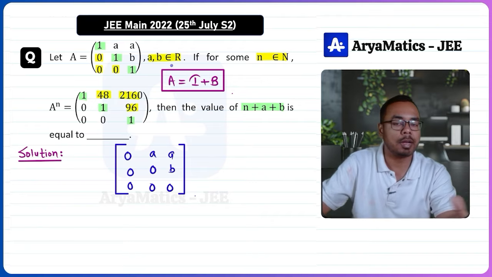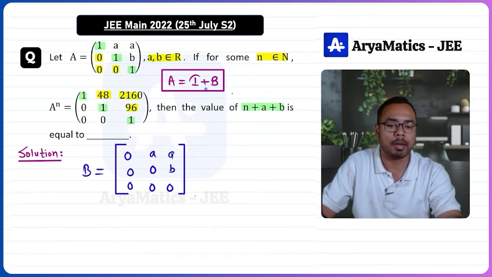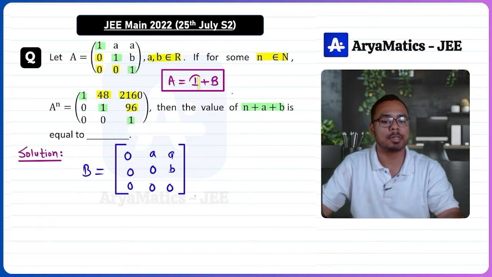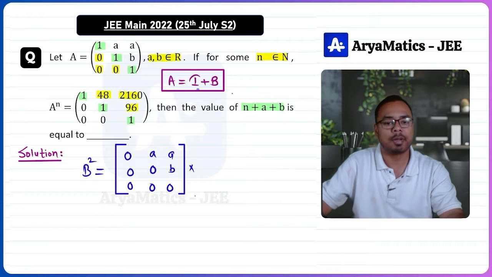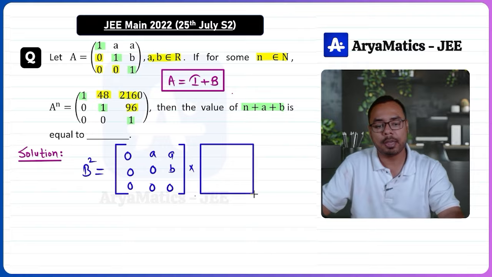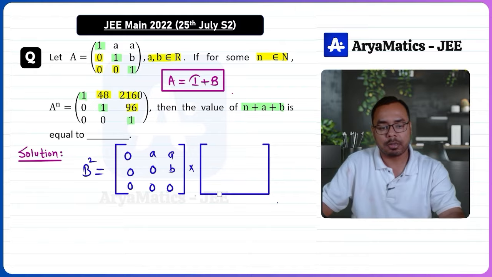And if I have to calculate A raised to n, then we can calculate I plus B raised to n. We can expand that using the binomial theorem, because I and B are commutative matrices, right? Now, if this is matrix B, then let us try to calculate B square. For finding B square, we can multiply this matrix B with B, so B square means matrix B into B. Here in B square we will again get 0 0 0 on the diagonal.